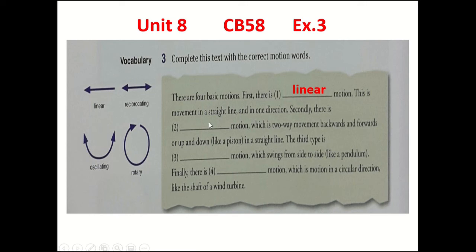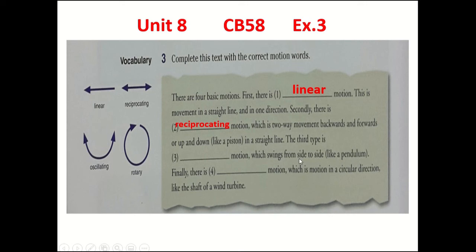Number two, which words are we looking for? Here we have backwards and forwards, or up and down. So which one is it? Correct, reciprocating. And number three, the words we're looking for. Okay, read it. Good.